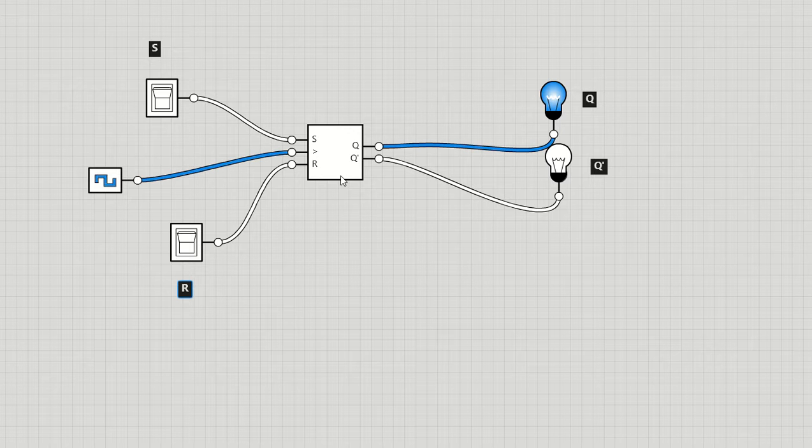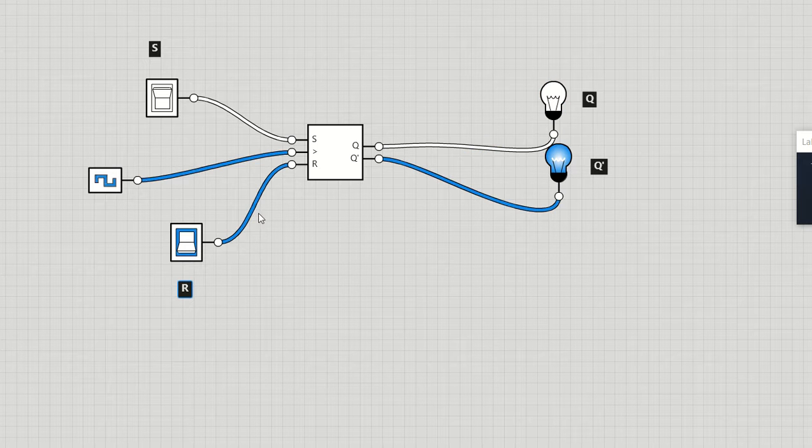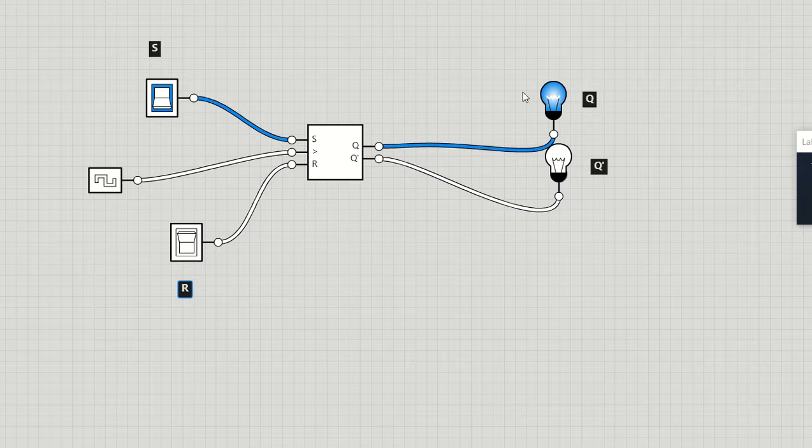As per the truth table, we give the value 00, which means there is no change in previous state. 01 means 01. 10 means 10. 11 means invalid or indeterminate.